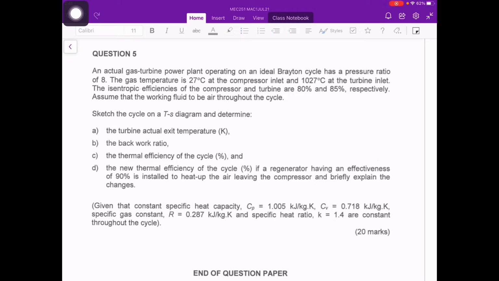Given that constant specific heat capacity CP, CV, specific gas constant R, and specific heat ratio K.